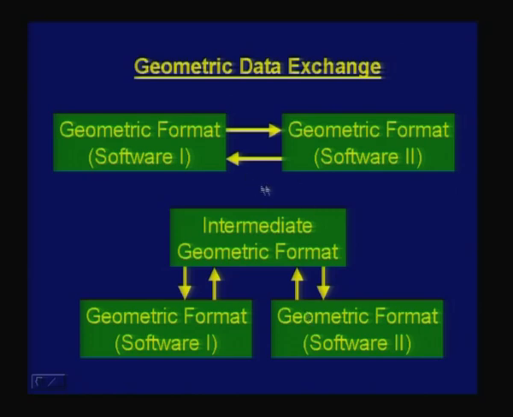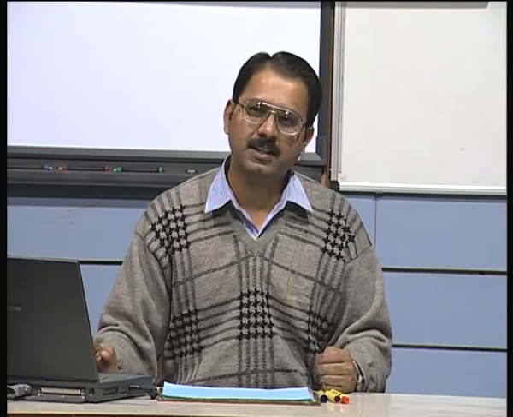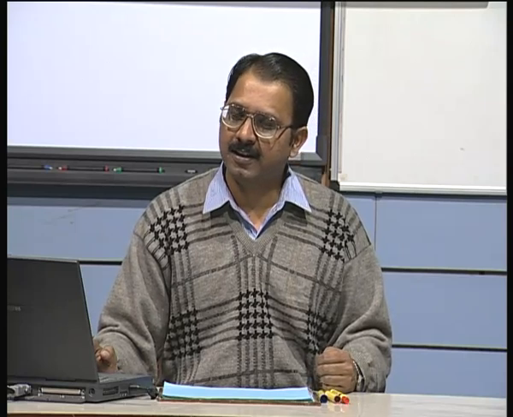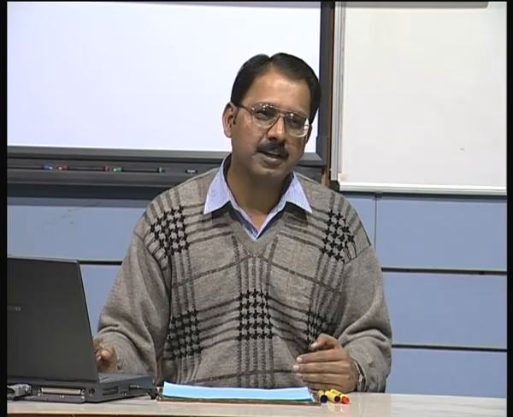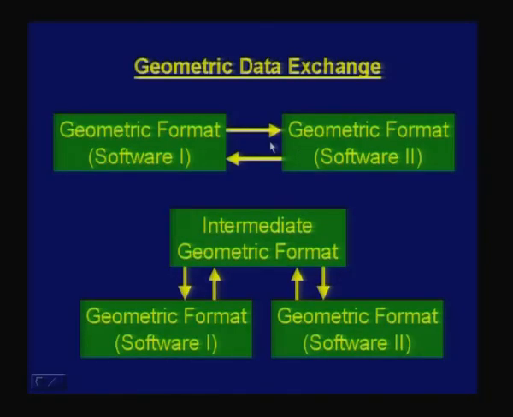So, somebody may say this is a more reliable option, but there is also an advantage of this. Imagine I have, for example, 7 different systems which have 7 different formats, and if I have to have translators for converting from one to another, if I follow this approach, how many translators do I need?